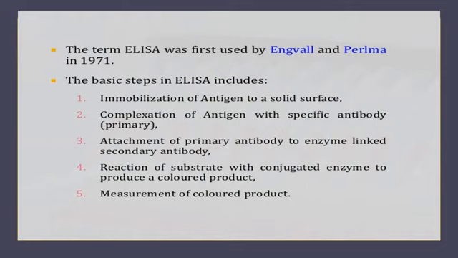Because we said this technique is a colorimetric test that depends on the development of color. If there is antigen-antibody binding, the substrate which we add will cause a change of the color of the enzyme which is linked to the secondary antibody. So the change of color is an indication of the presence of binding of antigen with the antibody.